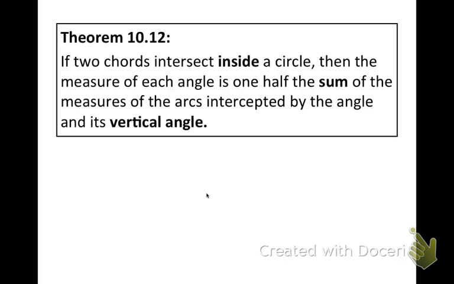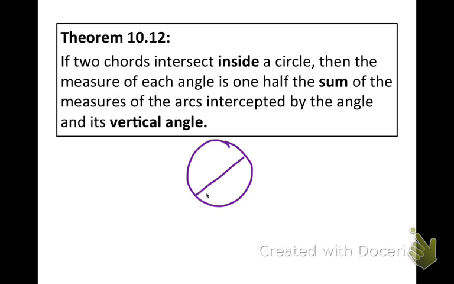So if two chords intersect inside a circle, then the measure of each angle is 1/2 the sum of the measures of the arcs intercepted by the angle and its vertical angle. Let's draw this out and see what it looks like. The circle's already provided. Two chords.